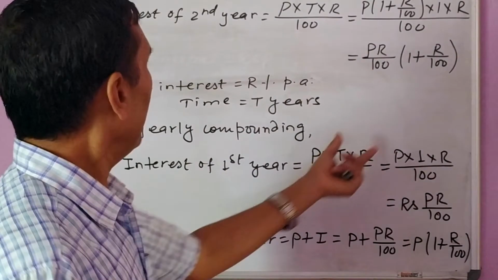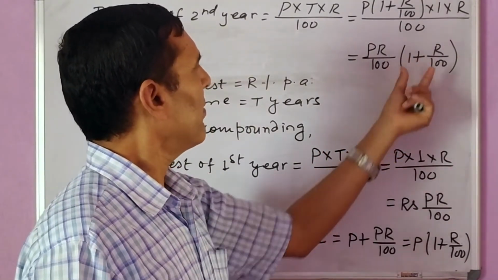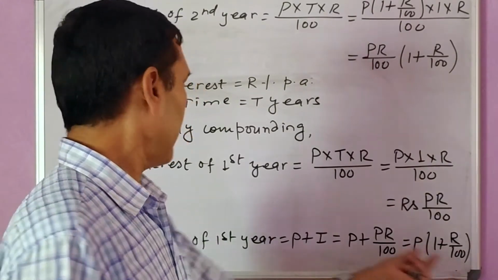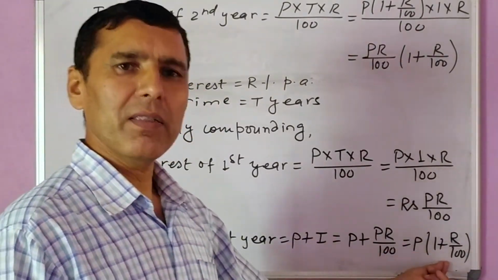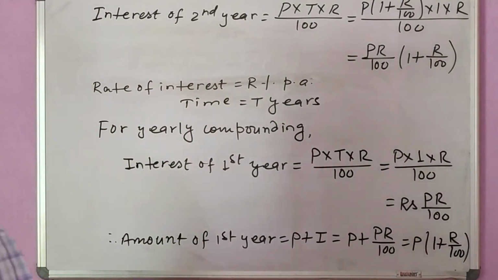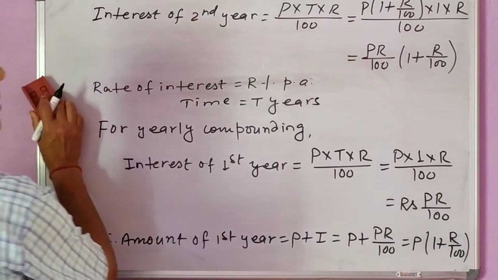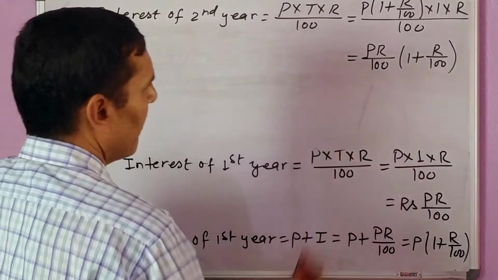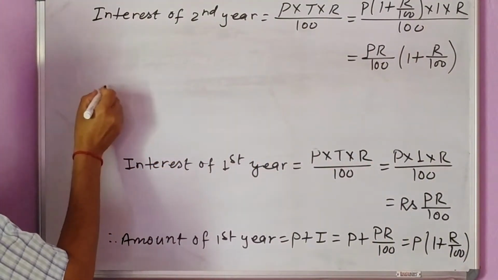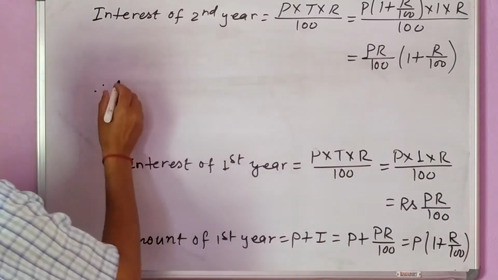When you find the sum of this interest of second year and the principal of the second year, the amount of first year being the principal of the second year, we will get the amount of the second year, which will be the principal for the third year. Therefore, we are finding the amount of second year.